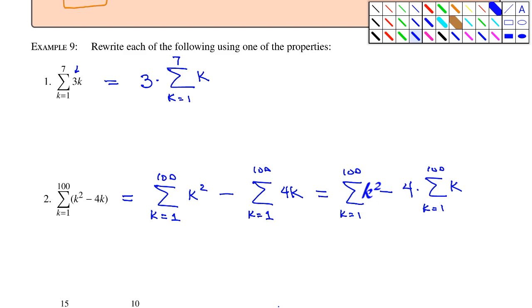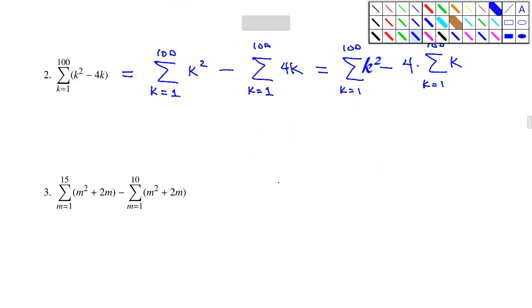Lastly, we have the sum as m goes from 1 to 15 of m squared plus 2m minus the sum as m goes from 1 to 10 of m squared plus 2m. So first off, these two expressions have to be the same for me to be able to manipulate the summations. And then I see what's going on.